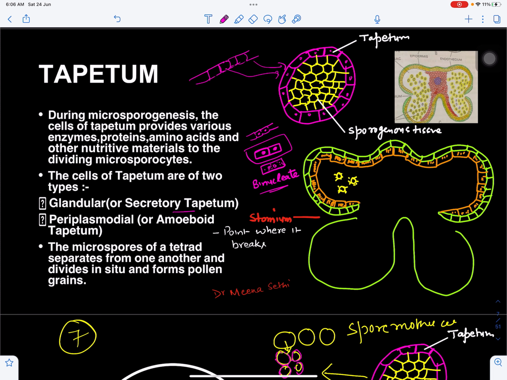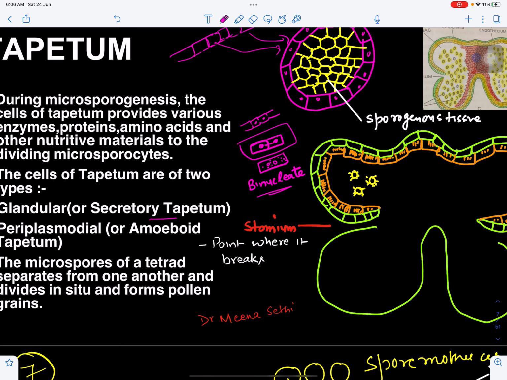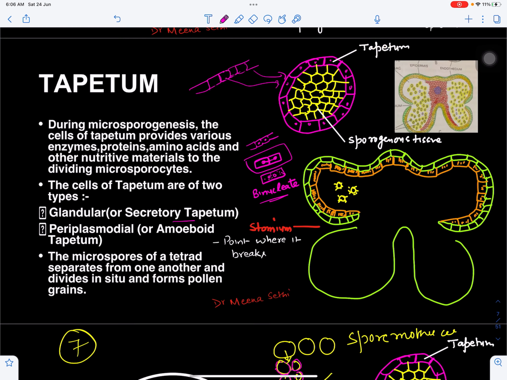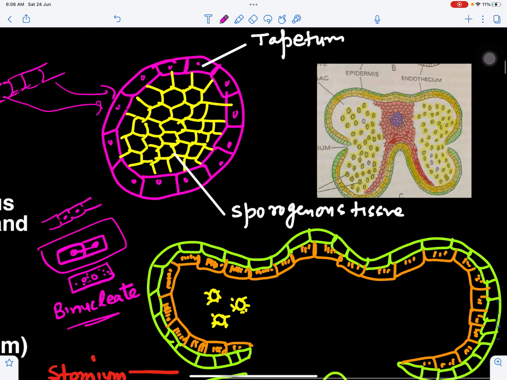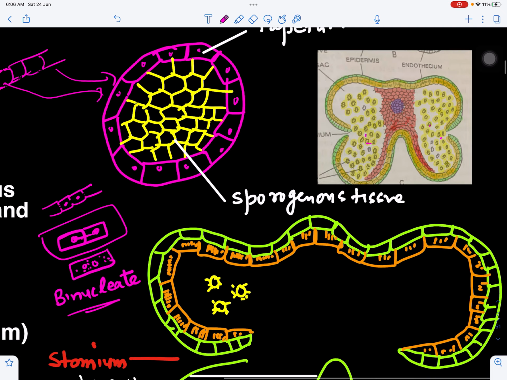So when the cells integrate with each other during this process, they give secretions, or you can say nourishment, to the sporogenous tissue. So this is the anatomy of the mature anther. We will discuss in detail how these spores have been produced.